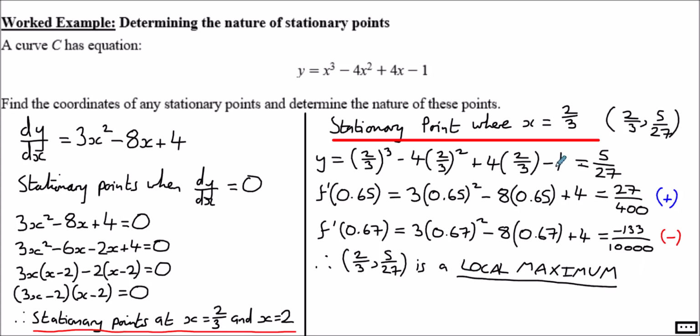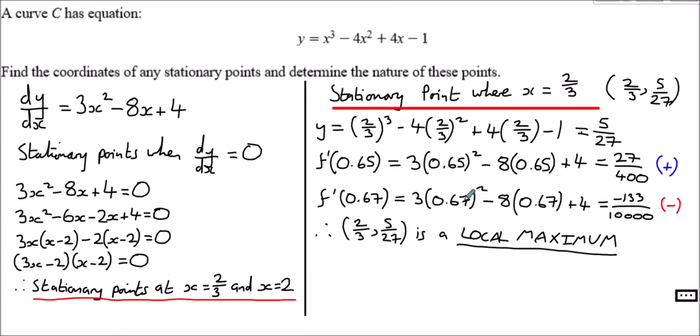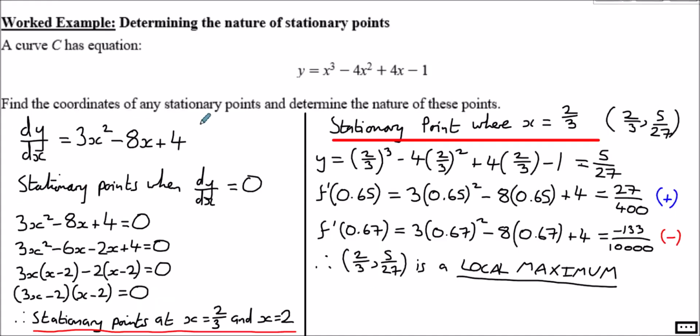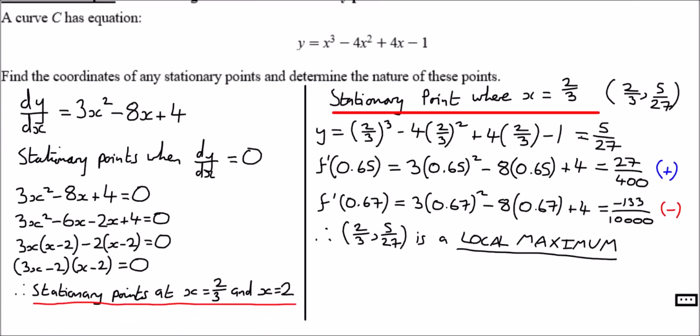Now we're going to do a similar idea for the second stationary point, which is where x is equal to 2. So if I just scroll down here and have a look at this one. And again, don't forget, we need to work out the actual coordinate here as well. And so let's think about the stationary point where x is 2. And then also let's compute the value of y for when x is 2.